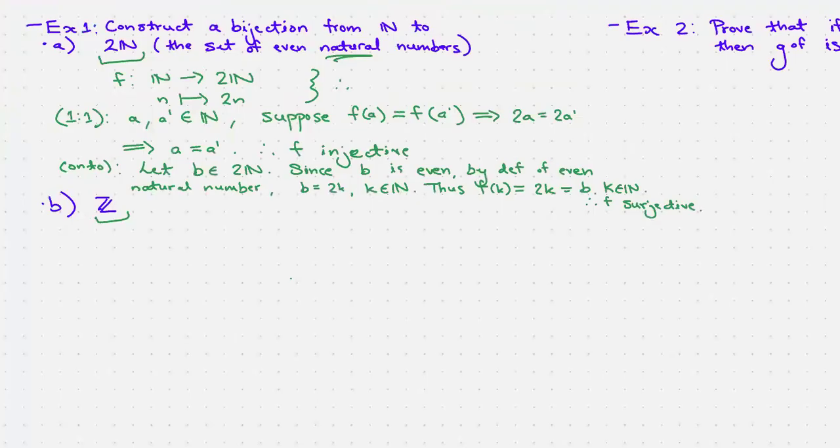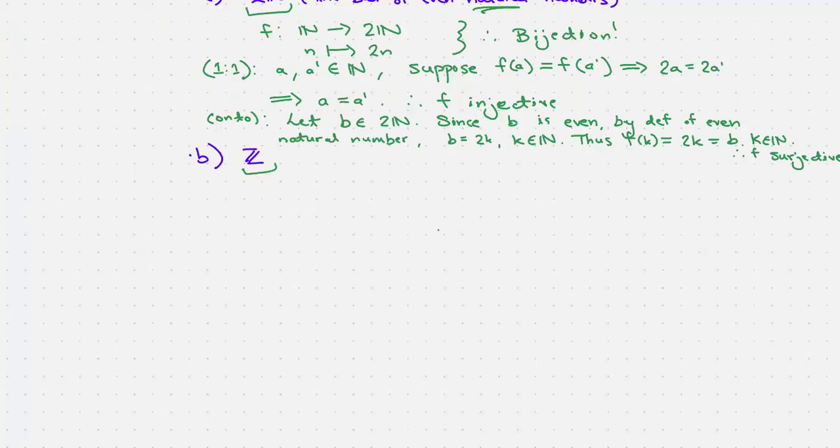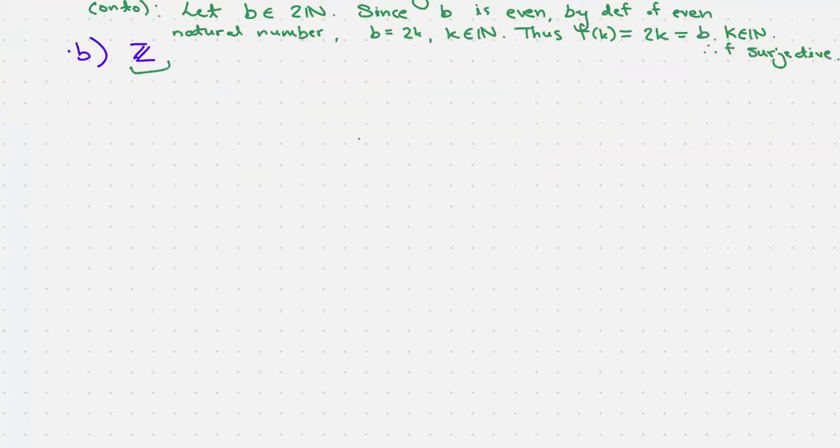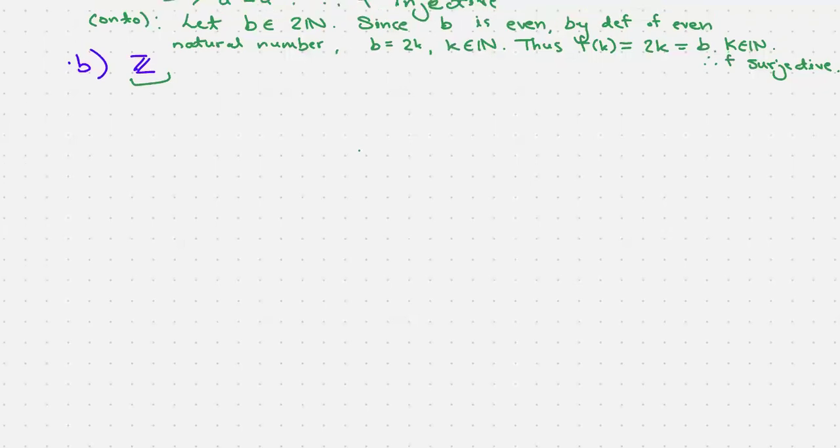Okay. So now we're going to do the set of integers. This one I don't think I'm going to go about proving because there are more to do. But for this one, I would construct my function f from N to Z as follows.